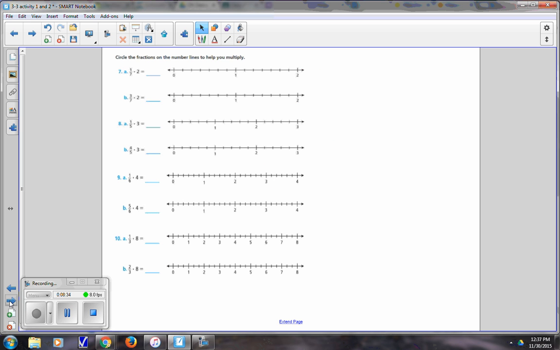So this is very small, and I'm hoping it comes out clear on your recording for you. But what I have here is we're going to circle the fraction on the number lines to help you multiply, all right? So if we're talking about 1/7 2 times, 1/7 times 2, you've got 2 whole things here, and these are 7 pieces. 1, 2, 3, 4, 5, 6, 7.